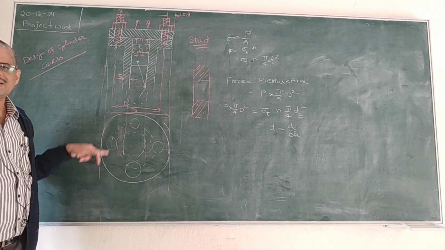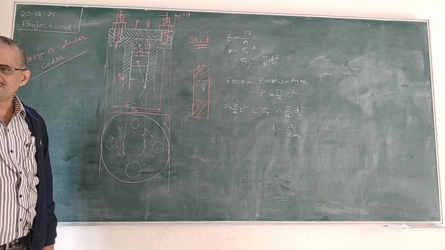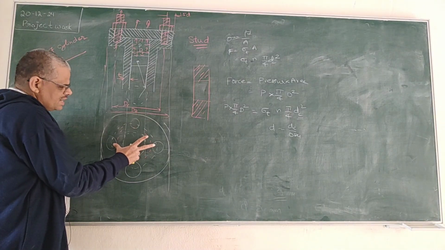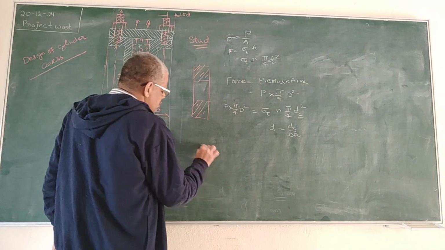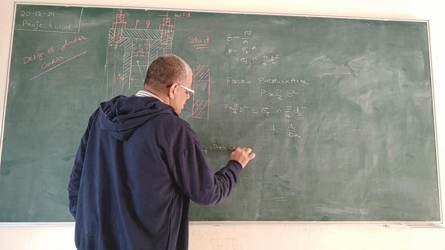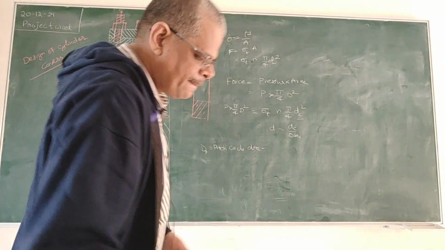That circle is called the pitch circle, and DP is the pitch circle diameter.